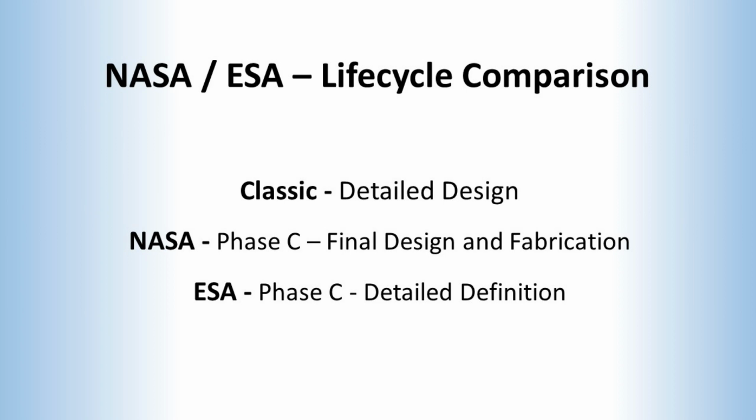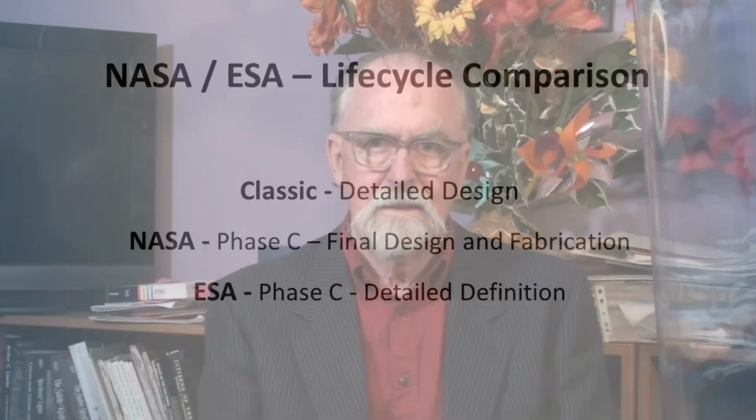Well, we come now to the detailed design in our classic terminology, and ESA and NASA have followed that terminology reasonably well. But you actually have a problem with the basic premise behind calling it design, because it's a bit more than that, isn't it? Yes.